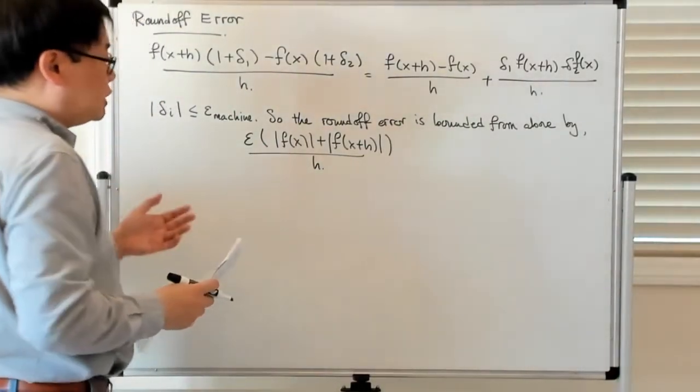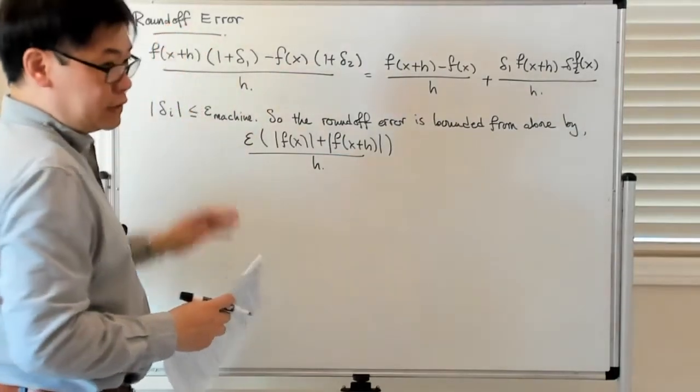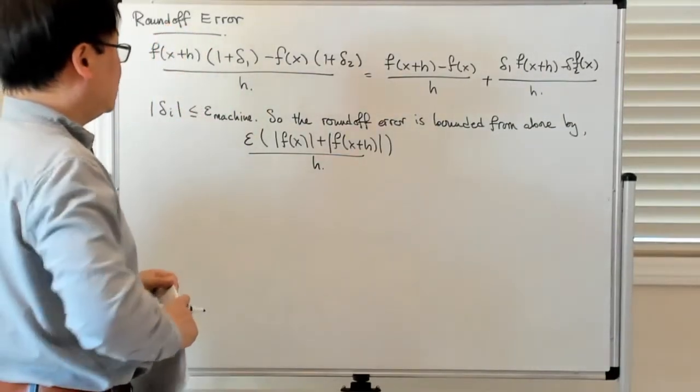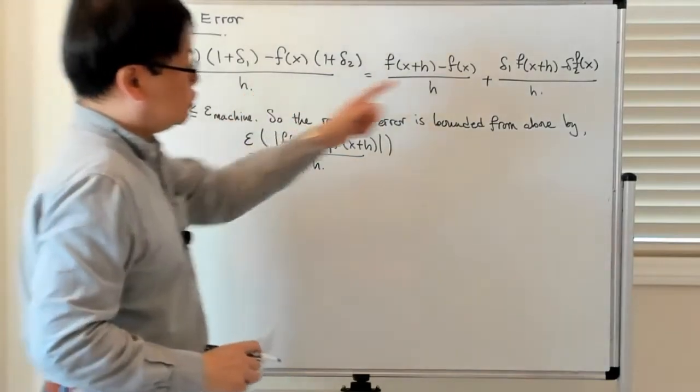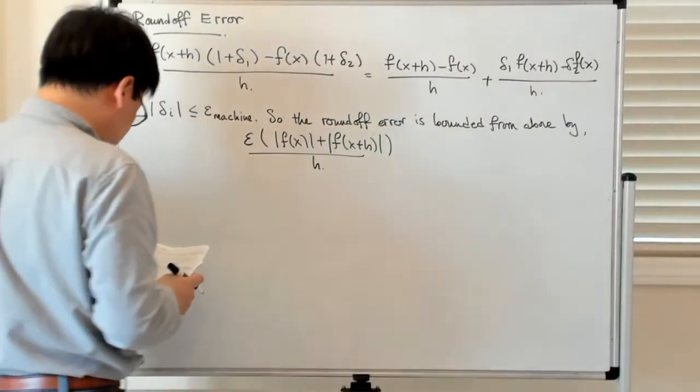So in practice, as I said, there are two sources of error from using this finite difference approximation of the derivative, one of which is due to round-off, and the other is due to the truncation error, which comes from your error term.